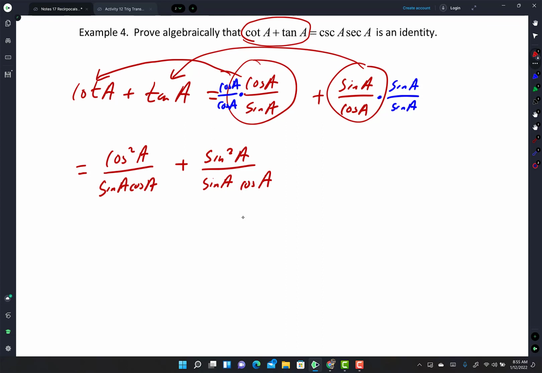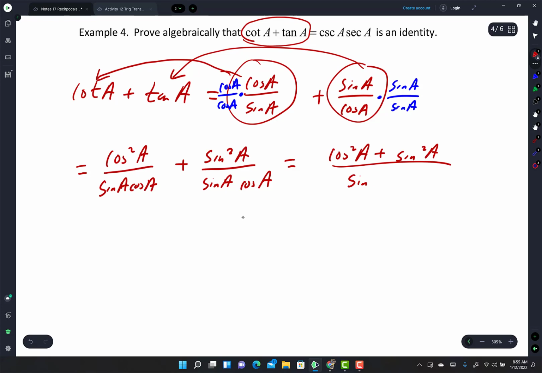Are my denominators the same, guys? Heck yeah, they are. So here we go. Cosine squared A plus sine squared A over my one common denominator, sine A cosine A. Chavez, that doesn't look like cosecant A, secant A. Well, we're almost there, guys. Relax. What do you notice in the numerator?